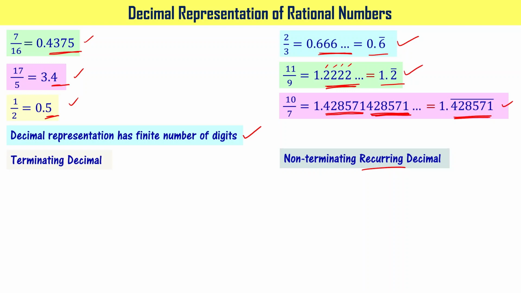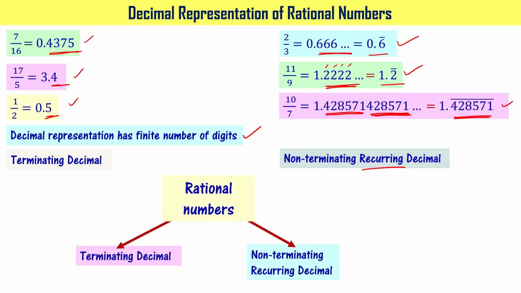So what I can say now is rational numbers, when you convert them to decimal form, you either get terminating decimals or non-terminating recurring decimals, right? You have a rational number, for example 7 by 16, you got a terminating decimal when you convert that to decimal form, right?